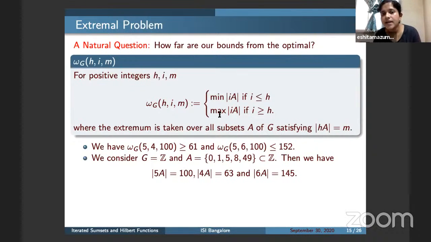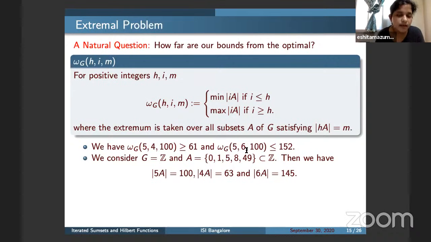It is defined as the minimum of the cardinality of iA if i is less than or equal to h, and the maximum of the cardinality of iA if i is greater than or equal to h, where the extremum is taken over all subsets A of G satisfying the cardinality of hA being equal to m.